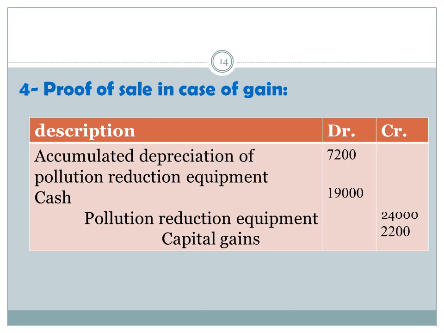Cash, the amount of sale, equal 19,000. According to the credit side, pollution reduction equipment historical cost 24,000. The remaining amount, capital gains, 2,200.